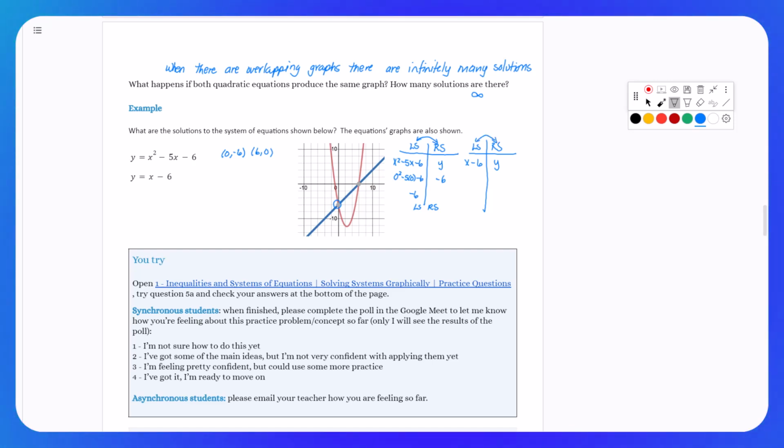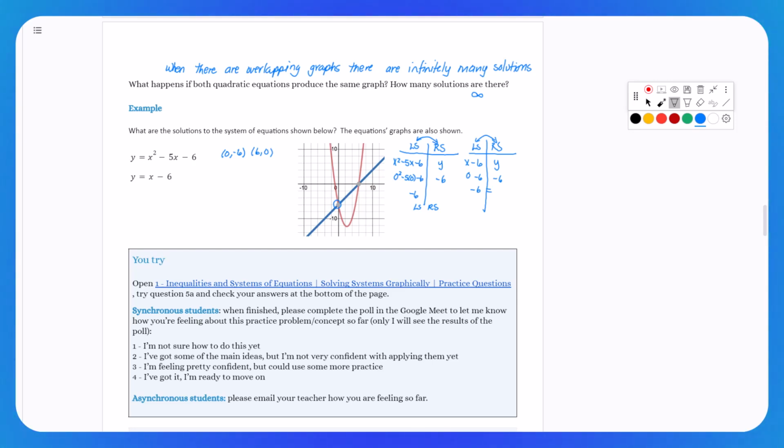So x is 0 minus 6, which is still -6, and y is -6. So again, the left-hand side equals the right-hand side. And if you want to, go ahead and check the other point to see if that also results in left side equal right-hand side.